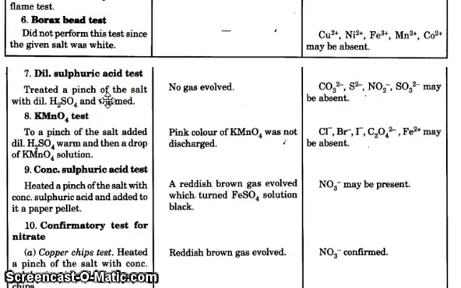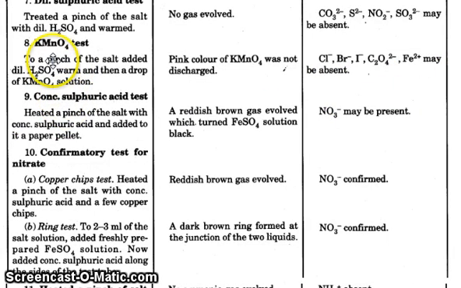Then friends, you can do the dilute sulfuric acid test. Treated a pinch of the salt with dilute sulfuric acid and warmed. No gas evolved. So carbonate, sulfide, nitrite, sulfite may be absent. Then you can do the KMnO4 test. To a pinch of the salt, added dilute sulfuric acid, warmed, and then a drop of KMnO4 solution.